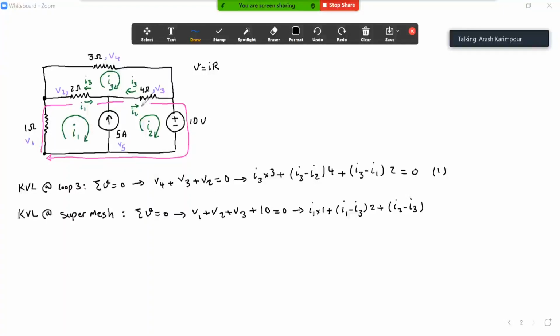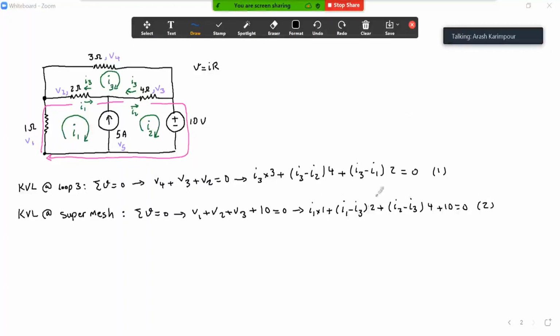In simple terms, the inside current minus the outside current, so it's I2 minus I3 times 4, the resistance, and then plus 10 is 0. Then it's going to be the second one.